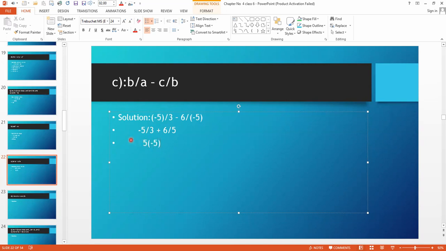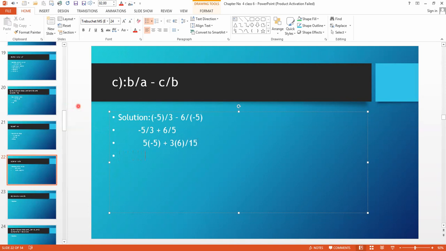And now in the center I put the plus sign. In the 5 times table, 15 comes at 3 times, so I have to write it here: 3 bracket minus 5 is the value of B. But here I have to write 6 because on the numerator we have C. So the value of C is equal to 6. And the LCM is 15. Now move towards the next step.